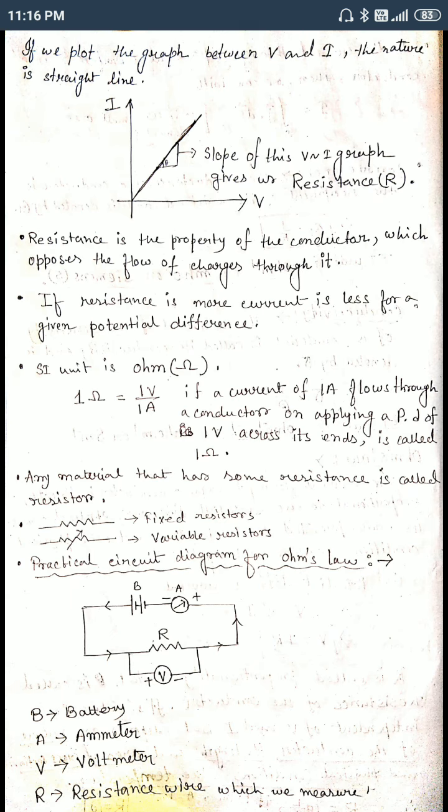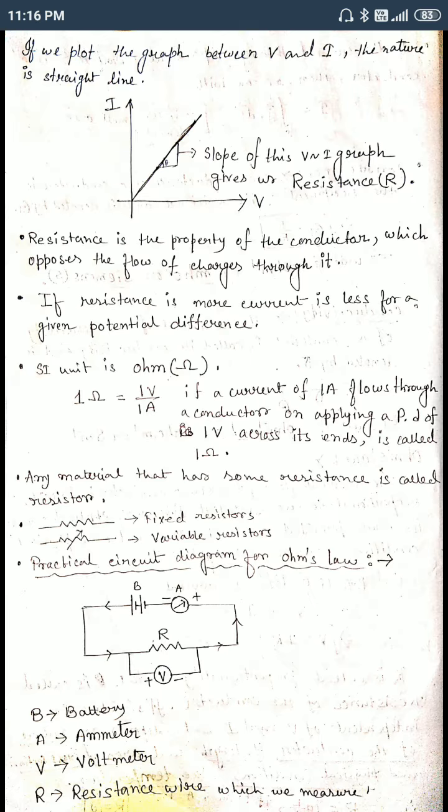Understood? So here there is one knob, we use the rheostat, the variable resistance. If we change that variable resistance, the voltmeter and ammeter give us some readings, and from those readings if we plot the graph, we get the average graph of Ohm's law, V versus I, a straight line passing through the origin.